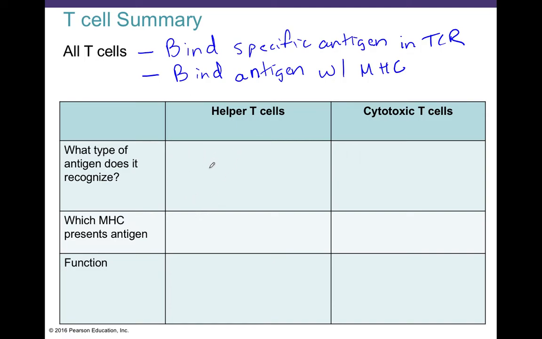Helper T cells are going to recognize antigen that comes from a phagocytosed pathogen, or something that was eaten by an antigen-presenting cell. Whereas cytotoxic T cells are going to recognize internally produced antigen.